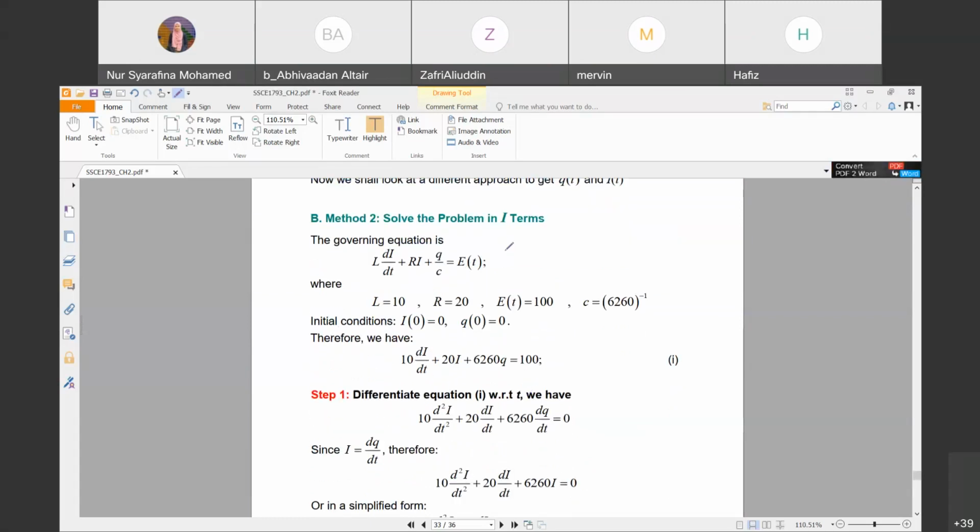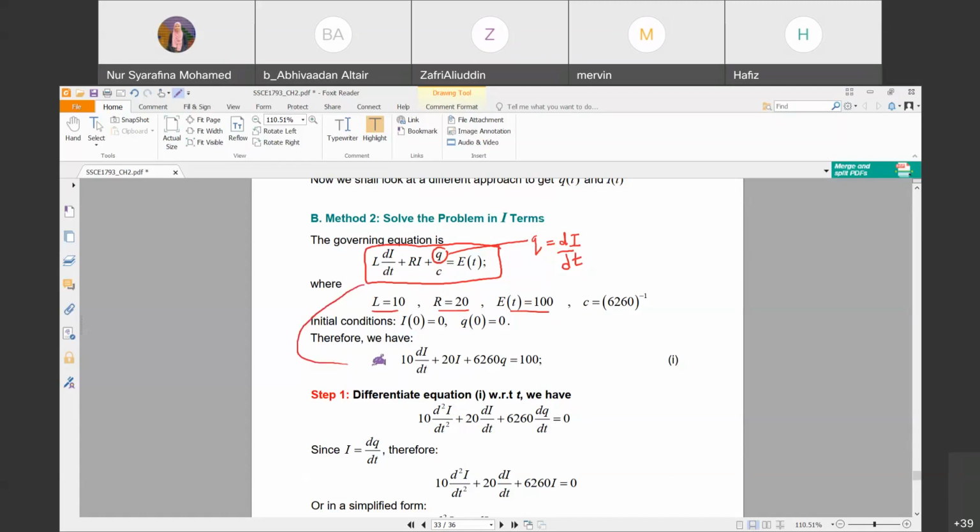All right, so as you can see here, we know that it is a linear differential equation, first order, right? Because we have the dI/dt, I. But we have Q here, and Q is actually the integral of I. Now substitute all the information given, and this is the condition.